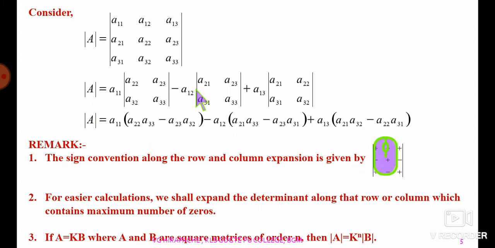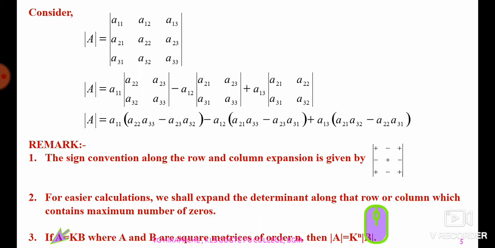If I evaluate the same determinant along the second row, the sign conventions will be minus, plus and minus. Or it can be simplified along the third row. For easier calculation, we shall expand the determinant along that row or column which contains the maximum number of zeros.